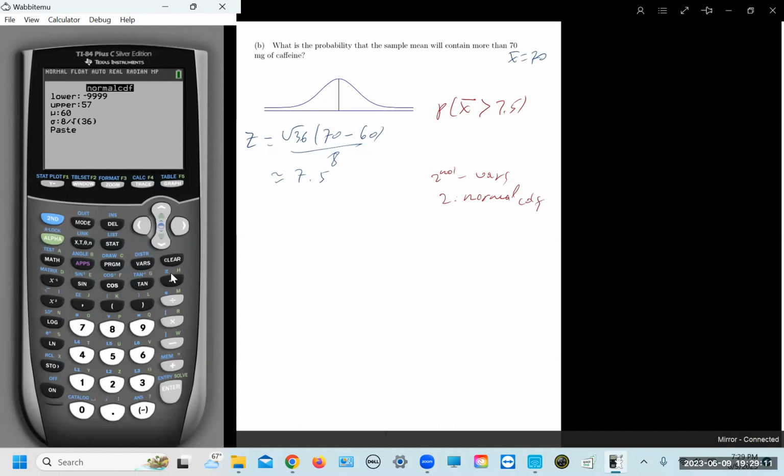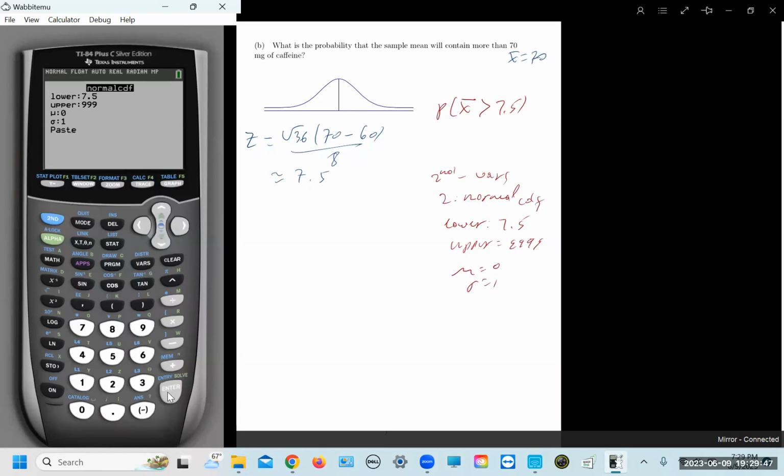The lower is 7.5 and the upper is 999, and the mu is 0 and the sigma is 1.